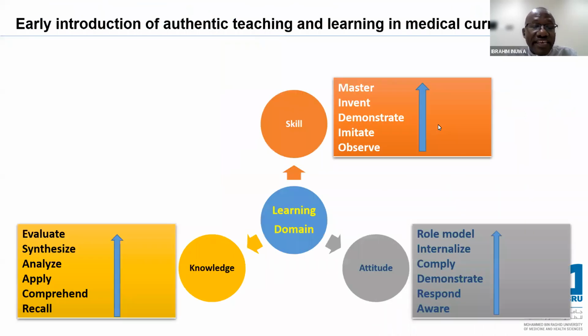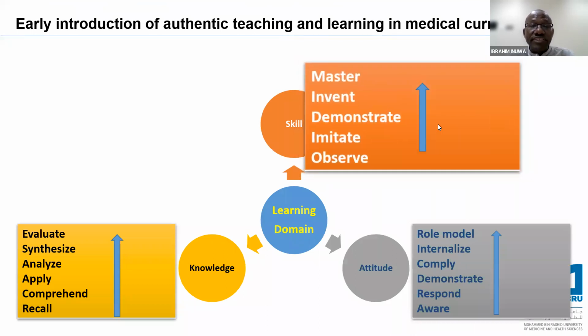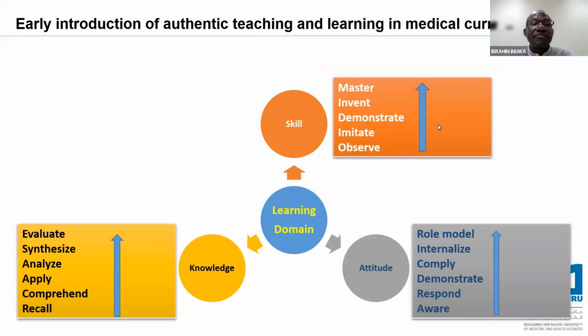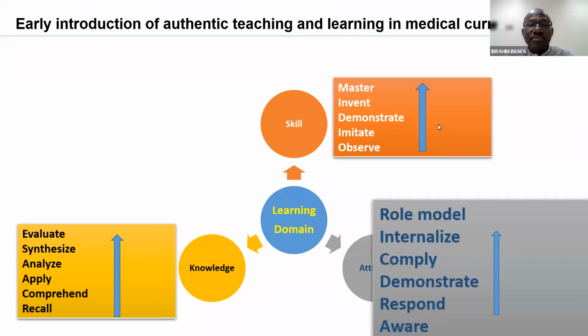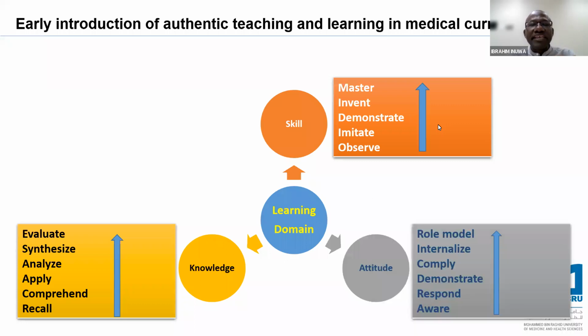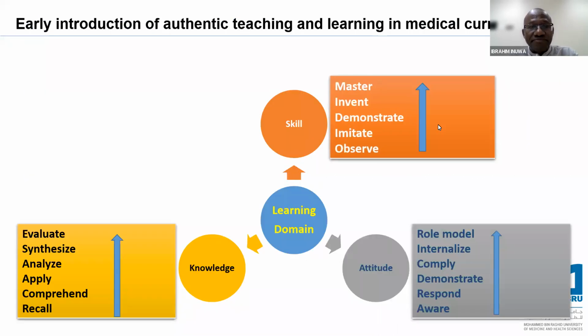This is a clear example of an item that is testing not only psychomotor skill, but also something about attitude. And the student will not be able to do that until they have background knowledge of what Weber's test is. So this is a real example of an item that, if we're going to use it in basic sciences, is testing a clinical skill.